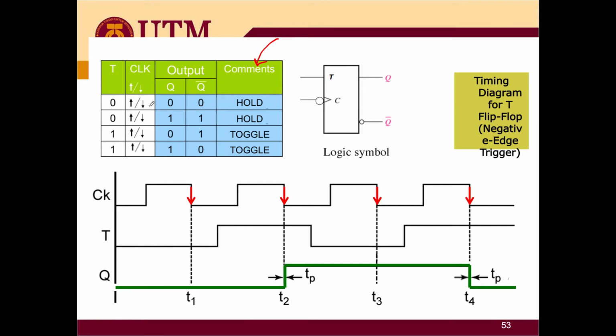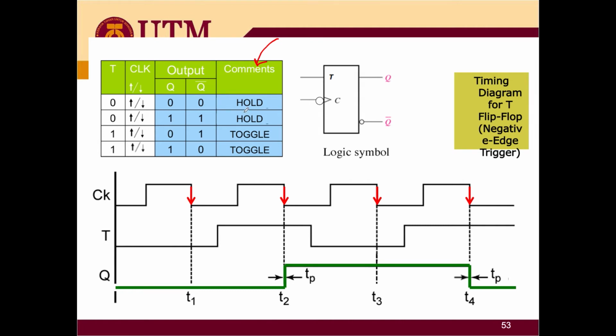So you have the clock over here, your output and also your input, what is going to happen, and basically it's quite similar. If your output last time is 0, you will be having 0 also, and so on.